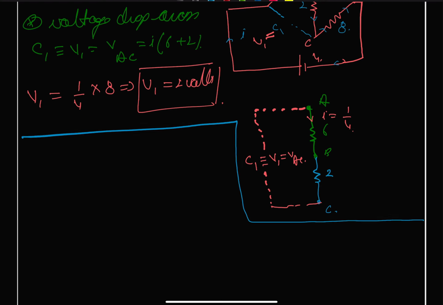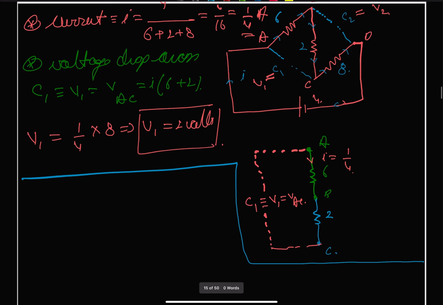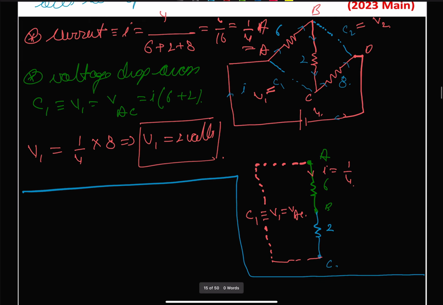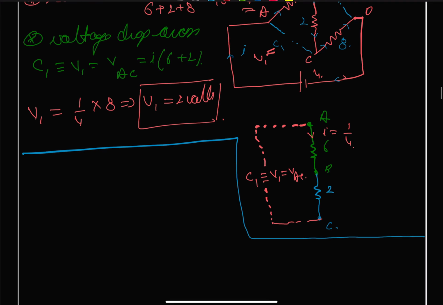So C2 is across BC and D. We start with point B, we go up till C, and then we have resistance D. So this is 2 ohm, this is 8 ohm, and we have C2 connected across, which we called V2, and obviously that will be equal to VBD.